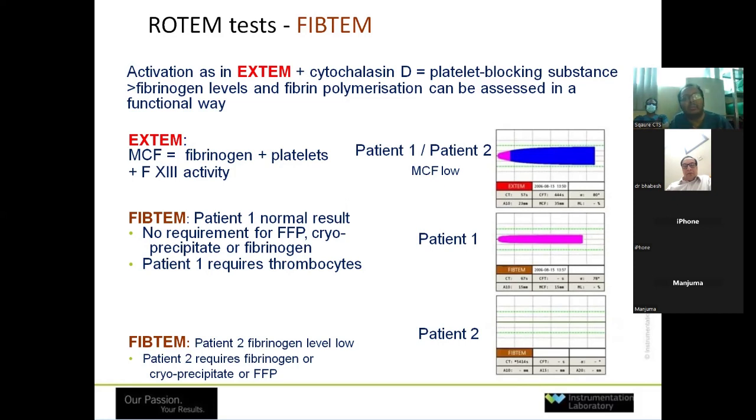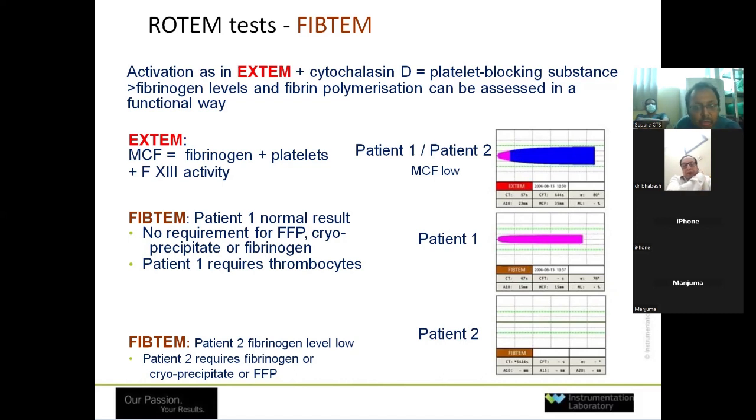But since the MCF was low, we can use the thrombocytes. So this is the graphical presentation that can help us to do rational use of the blood and blood components for the patients.